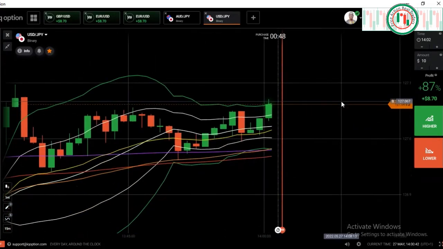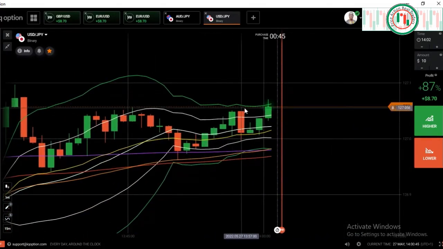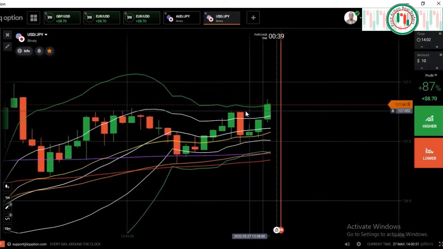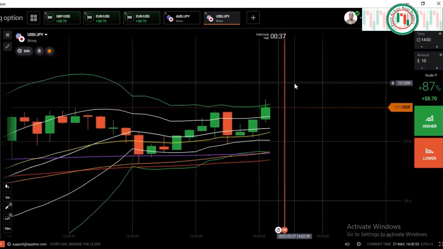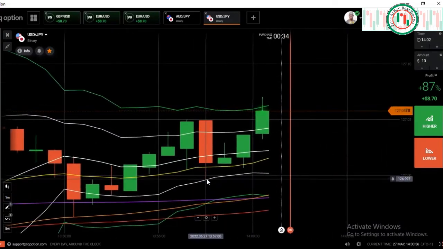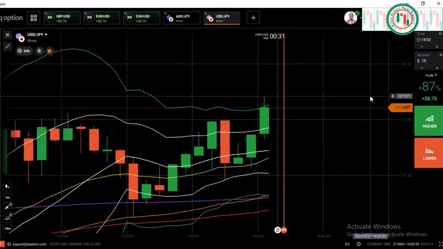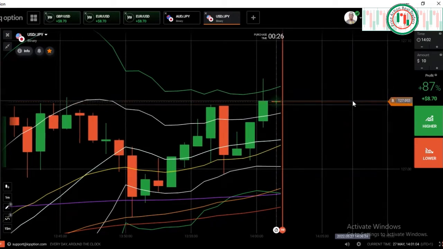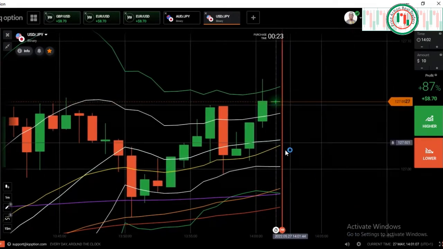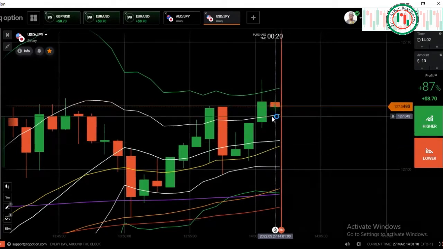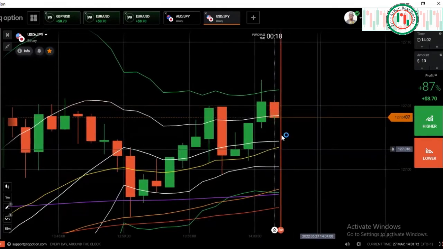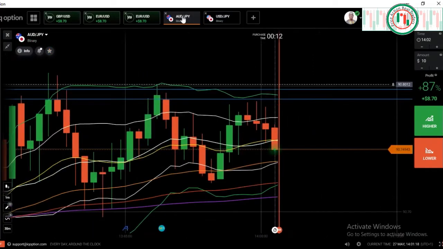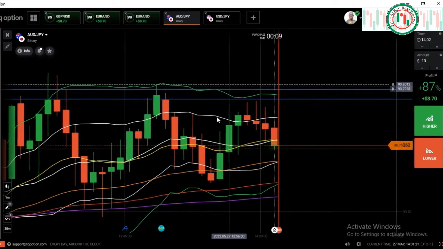Maybe here after breakout. Yes, here you see engulfing. Here's another one, but this one is like a continuation pattern, and the trend is strong. That's so nice. You see here the market reversed, no problem.